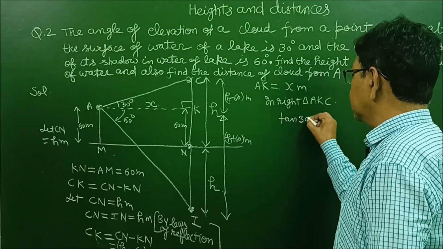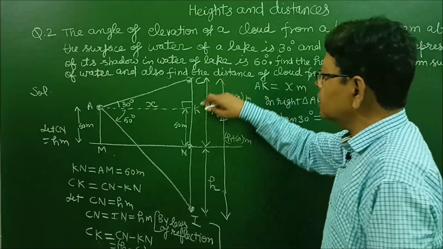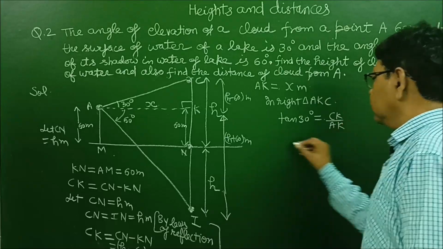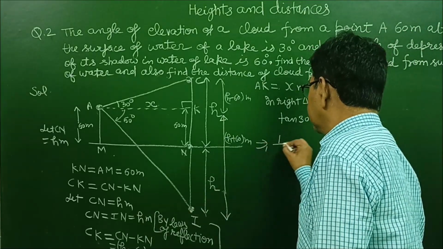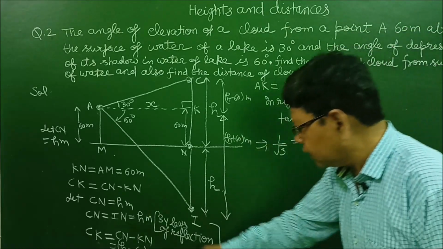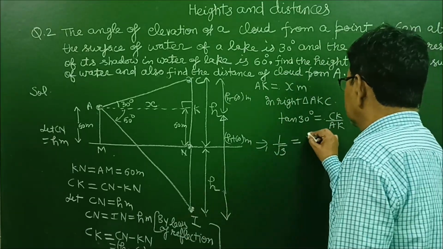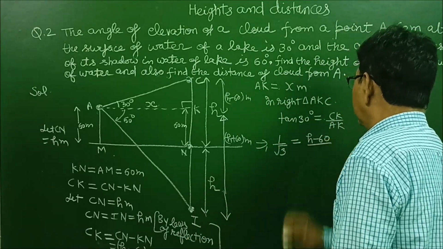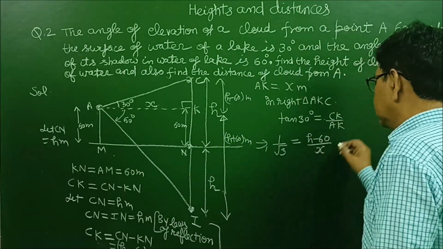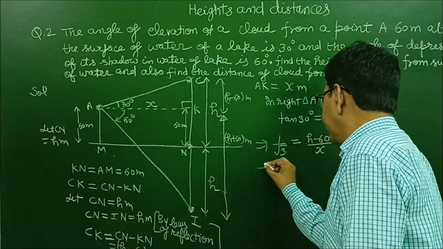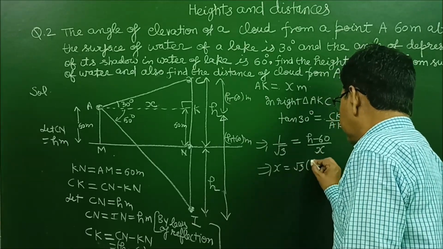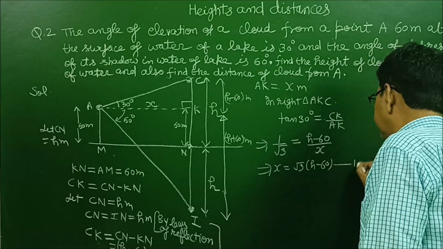Tan 30 degrees is equal to, in this triangle, CK upon AK, which implies that tan 30 is 1 upon root 3 is equal to CK, which we have calculated as H minus 60, upon AK, which we have taken as x. So cross multiplying, x is equal to root 3 into H minus 60. This is equation number 1.